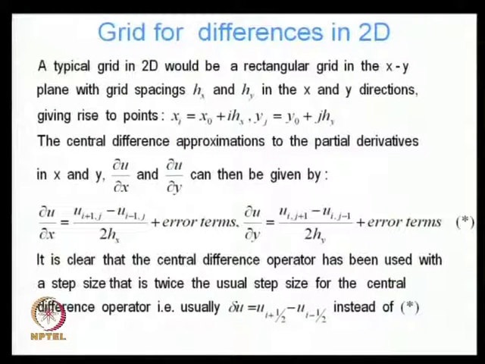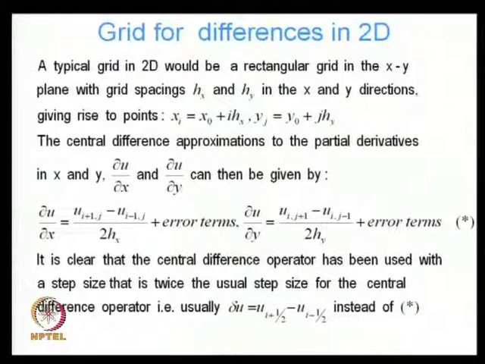When we defined the central difference operator, we said that it is equal to u(i plus half) minus u(i minus half). So, at a grid point I am taking half a step to the left and half a step to the right. But here I am taking a full step to the left and a full step to the right, which is perfectly fine if I divide by 2 hx.